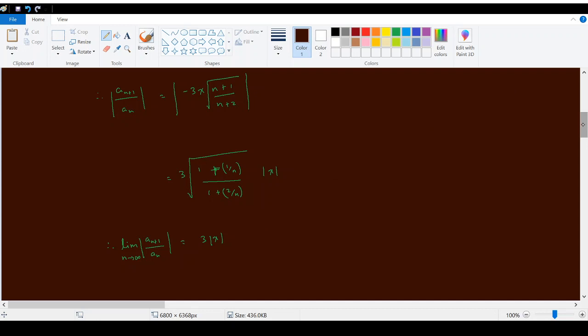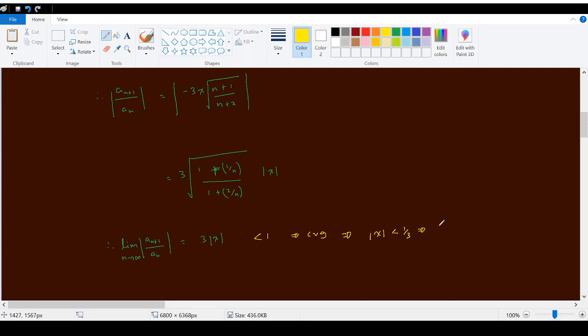And the theory of the ratio test will say that when this limit is less than 1, then the series will converge. That means for such x values, that is when the modulus of x is less than 1/3.